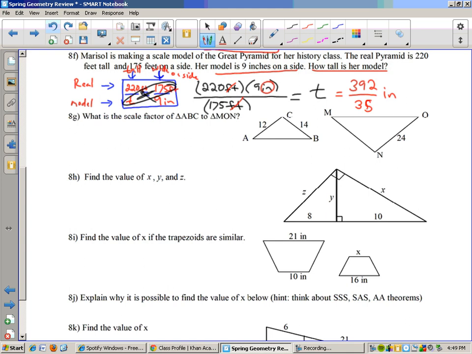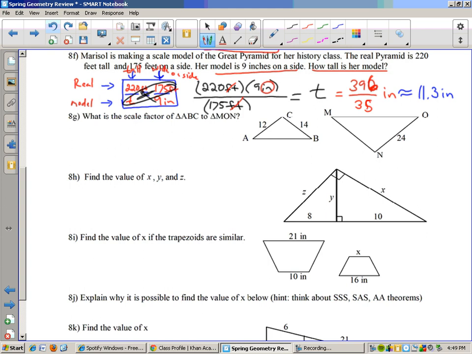396 over 35? And could you give us that approximately? In case your teacher likes you to round. 11.3 inches. Now, it's actually good to round because rounding lets us estimate and see if we're right.